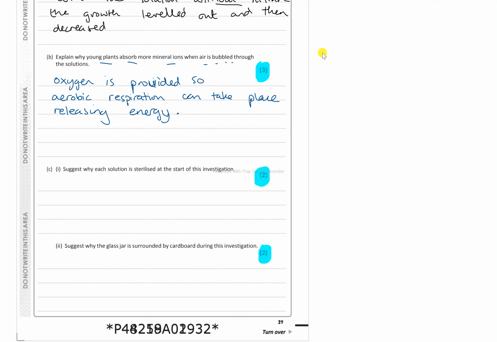Right, now if you've got mineral ions in the solution, you need to absorb them into the plant, and that's done by a process called active transport. So therefore active transport of mineral ions or minerals can therefore take place.